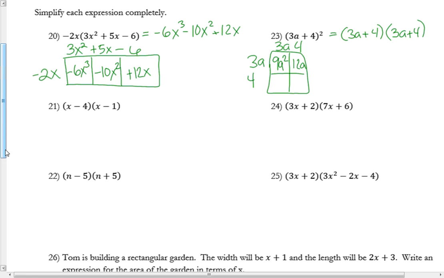Bottom left, 4 times 3a is once again 12a, and 4 times 4 is 16. So my answer is what's inside, so I have 9a squared plus 12a plus 12a plus 16.